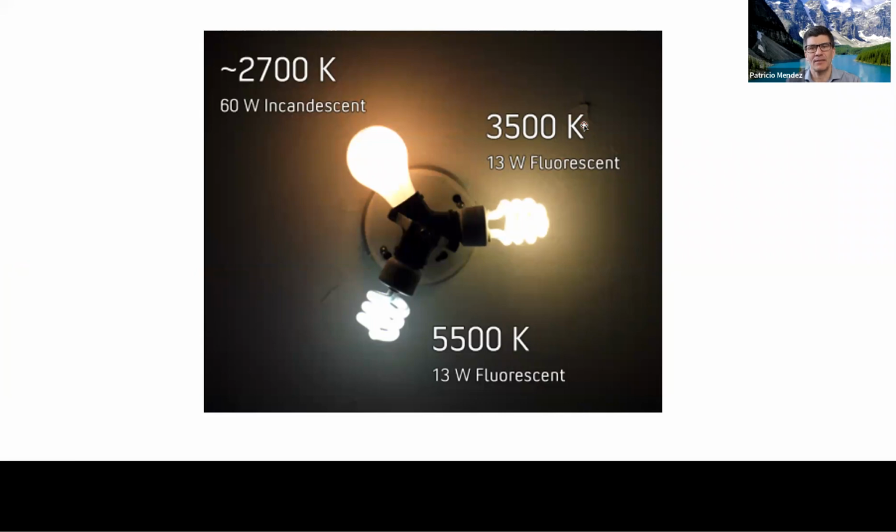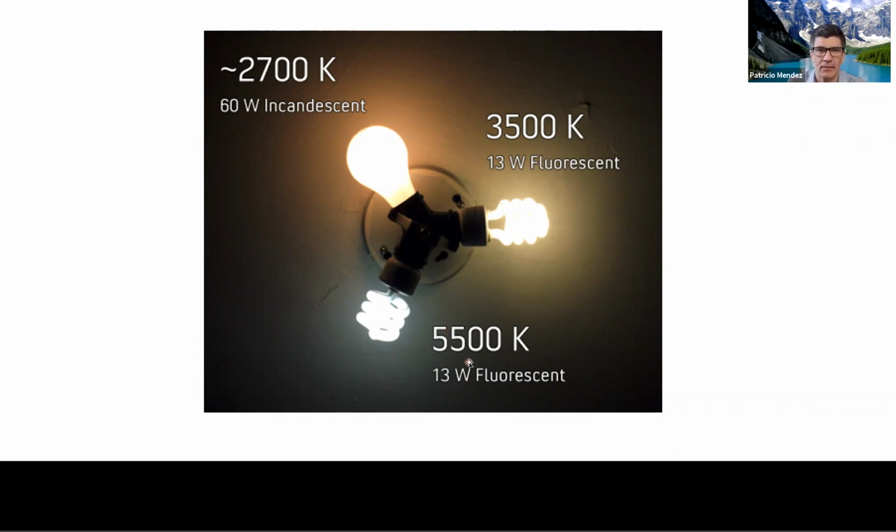If we do 3000 divided by 3500, it gives us 0.857, kind of 0.8 microns. So this is on the reddish side of the spectrum. And 5500 K, the whitish or bluish fluorescent light, is the one approaching daylight.